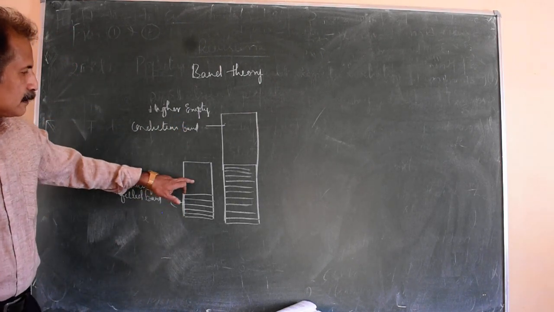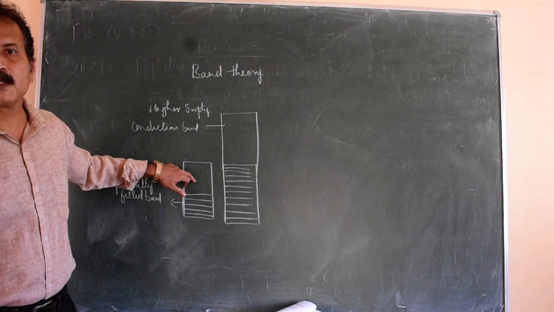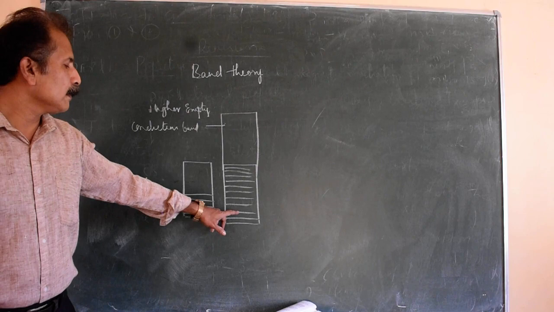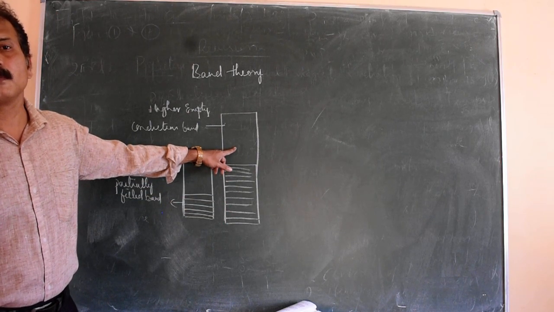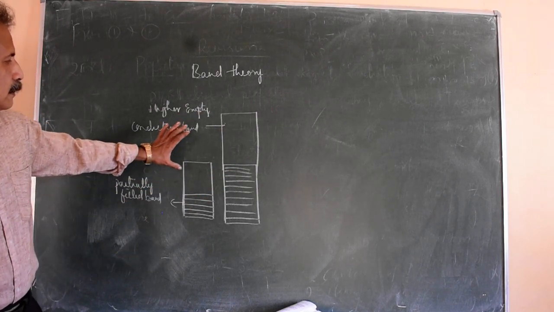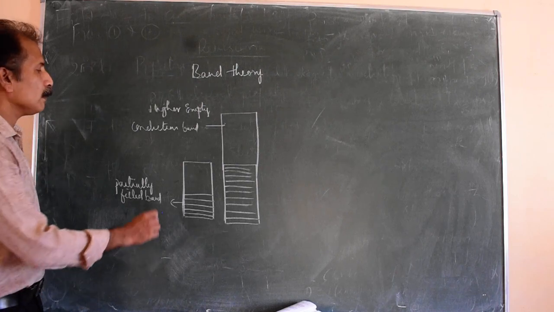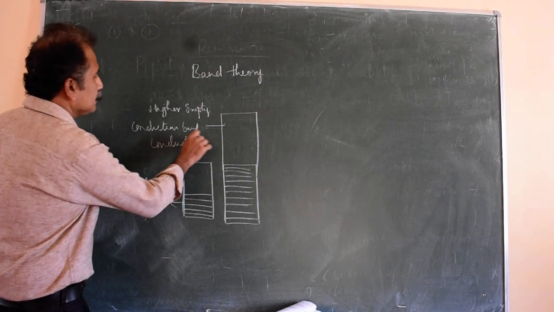So whether it has this or this, under the influence of an electric field the electron can move, and therefore it will show electrical conduction. This structure exists in all conductors.